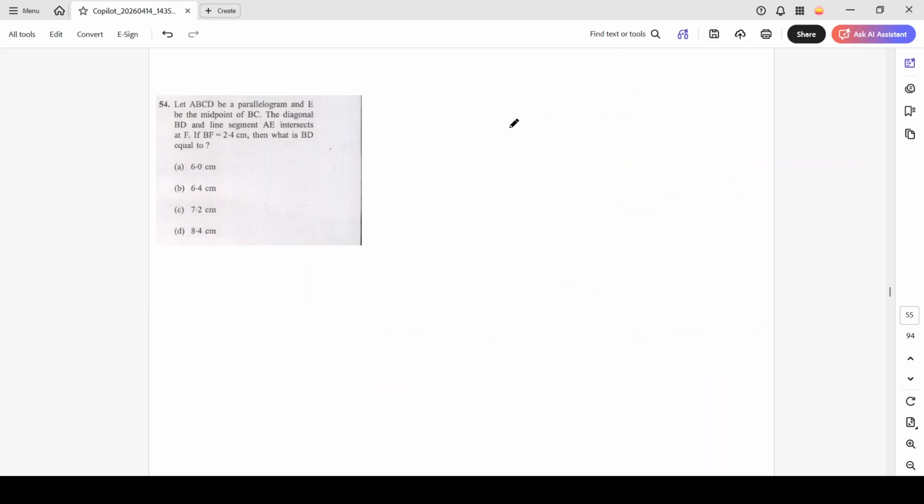Let ABCD be a parallelogram and E is the midpoint of BC. So this is our parallelogram ABCD.